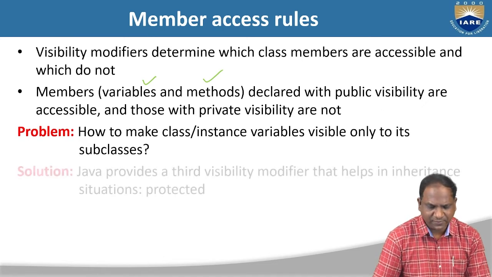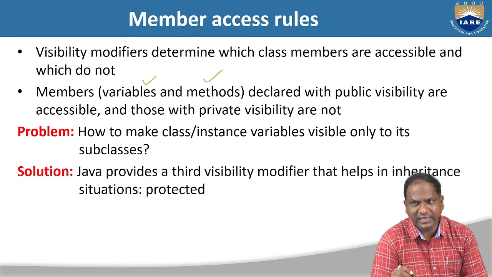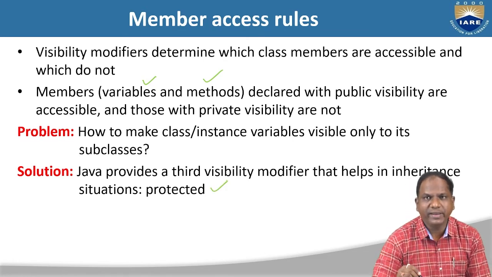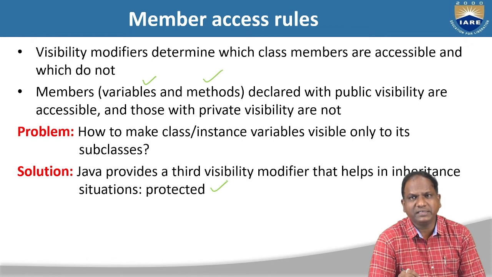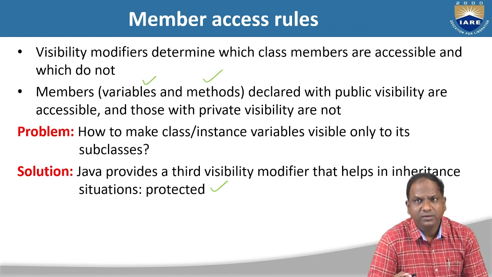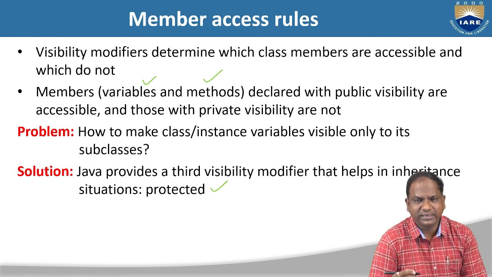The solution is that there is a third visibility modifier that helps in inheritance. The solution is protected. When you make your variables or methods protected, your subclasses can also see your members, nothing but your variables as well as methods.